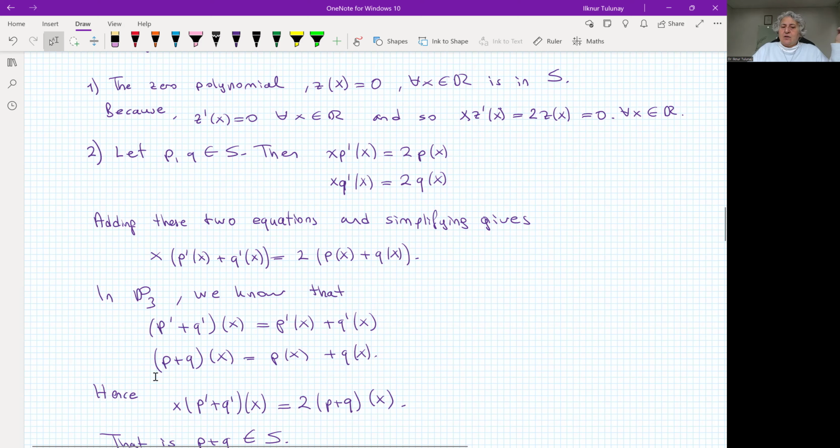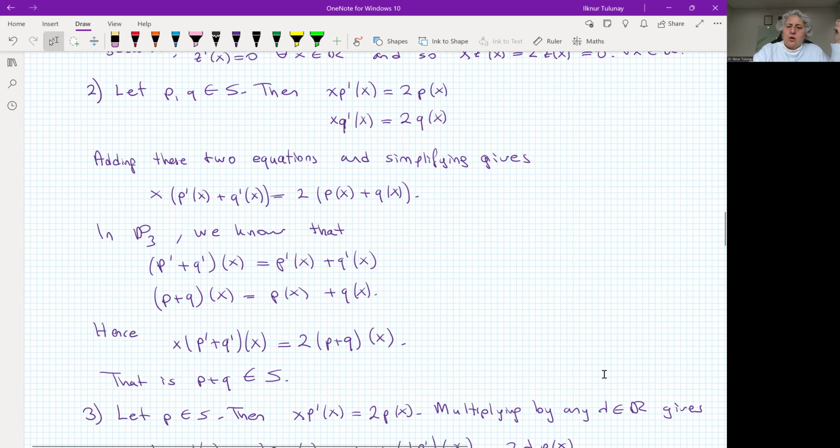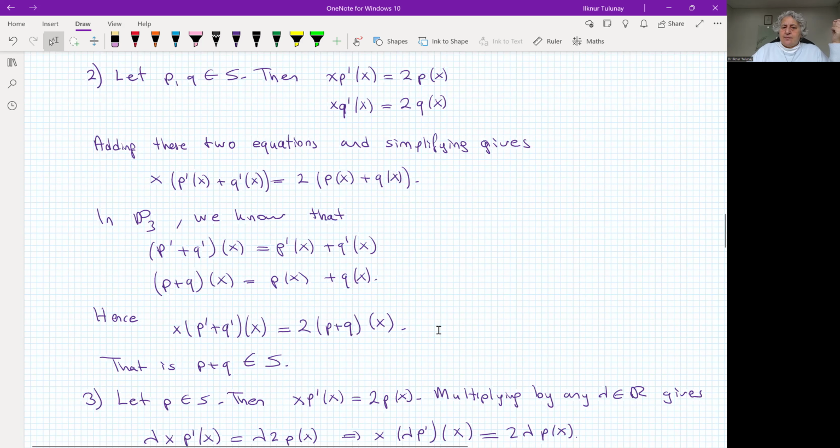And also we have (P plus Q)(x) is equal to P(x) plus Q(x). As you see, I can replace this one with (P plus Q)(x). I can replace this part with (P' plus Q')(x). Then I will obtain this equation. Now I can say that P plus Q is in S, because that satisfies that.